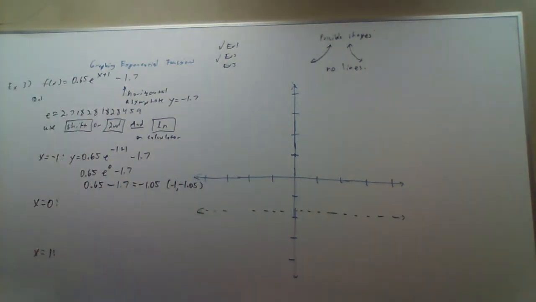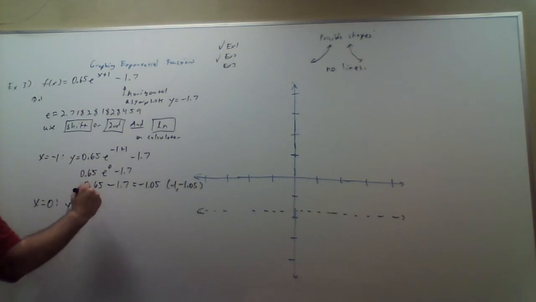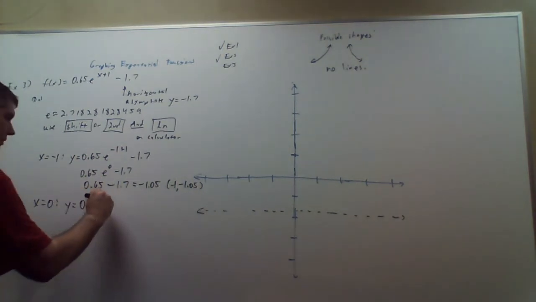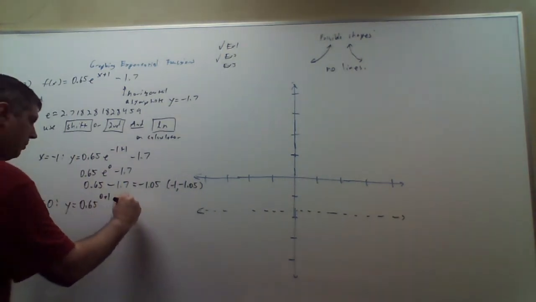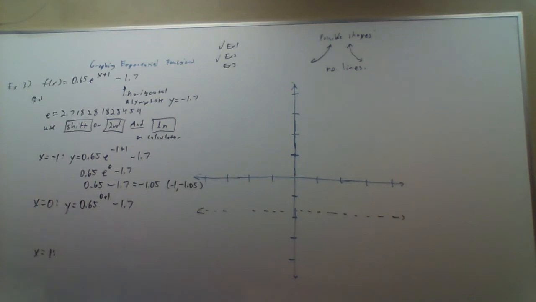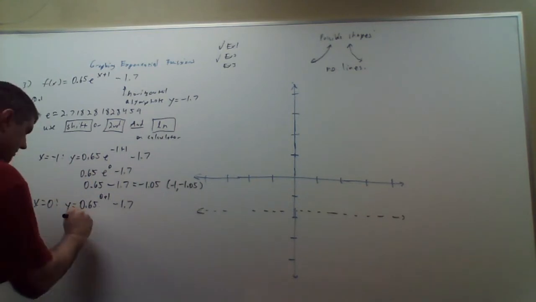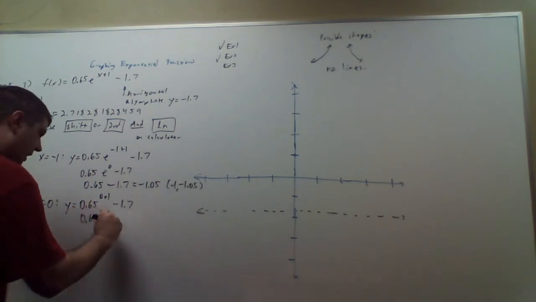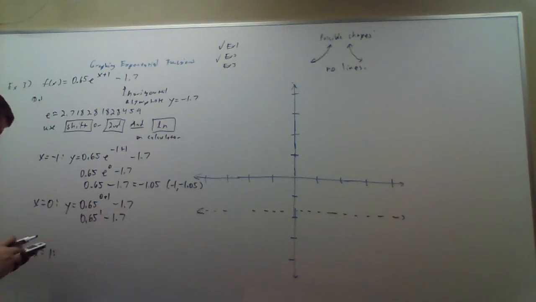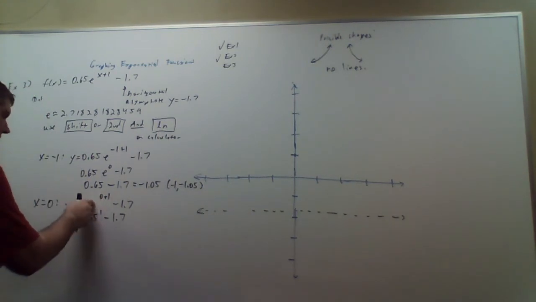This one will be y equals 0.65 e to the 0 plus first power minus 1.7. Oops, I forgot, there's an e there.